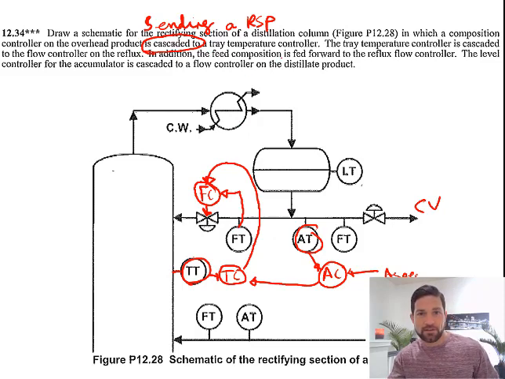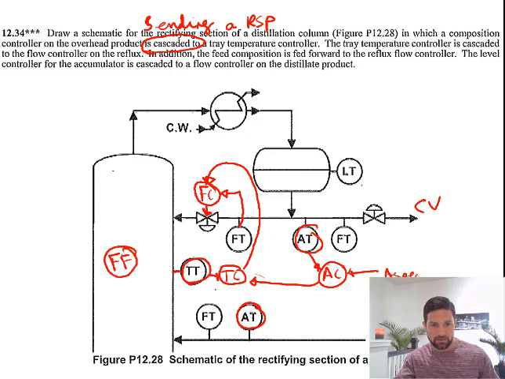In addition, the feed composition is fed forward to the reflux flow controller. Oh, great, this is another thing. So we measure the feed composition right here, and it is fed forward to the reflux controller. So what I need is a feed forward controller.